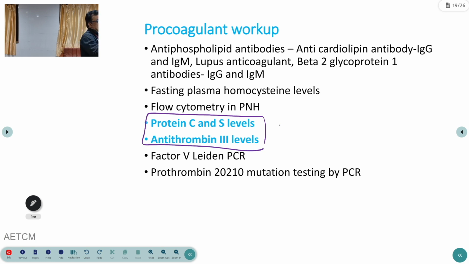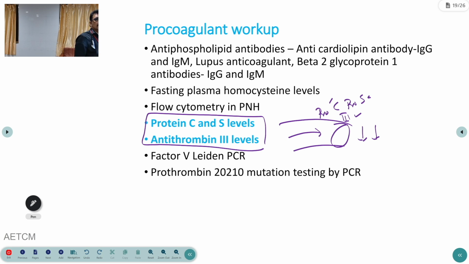But whenever there is an acute thrombus in any of your arteries, to lyse the thrombus, protein C, protein S, and antithrombin 3 will be utilized. So the levels will be acutely low. In any embolism or any infarction, the levels can be low. That doesn't mean that this patient is having a deficiency of these proteins.